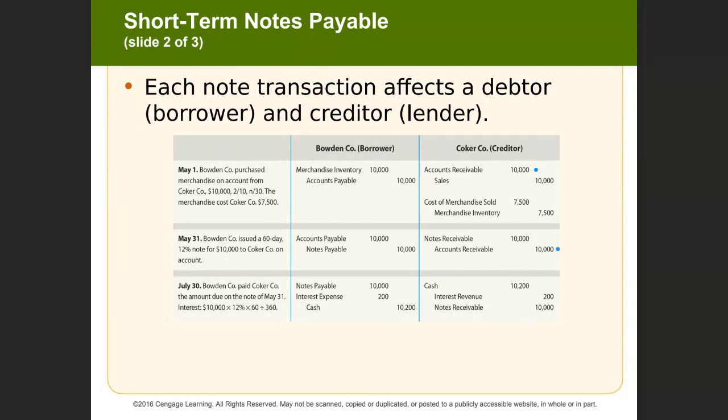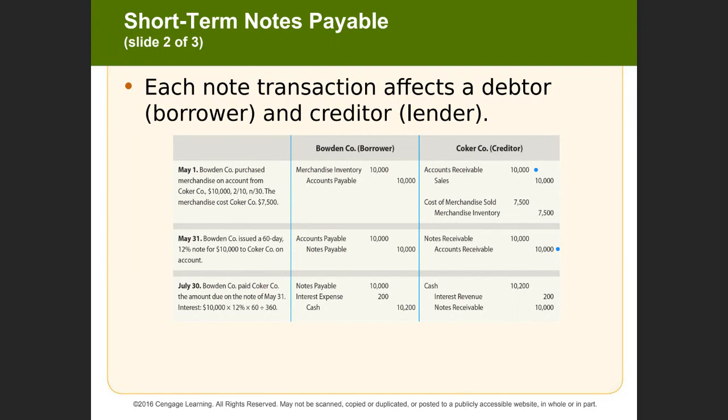And then on July 30th, Bowden Company paid Coker the amount due on the note, and the amount due on the note is not $10,000. We have a note for $10,000, but we see up here it's at a 12% interest rate. So when we pay the note, we also have to pay the interest.